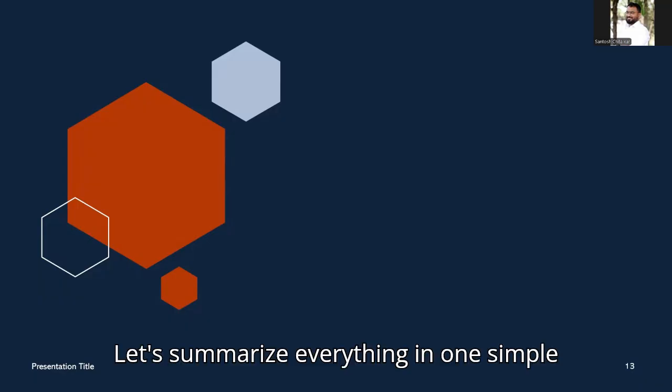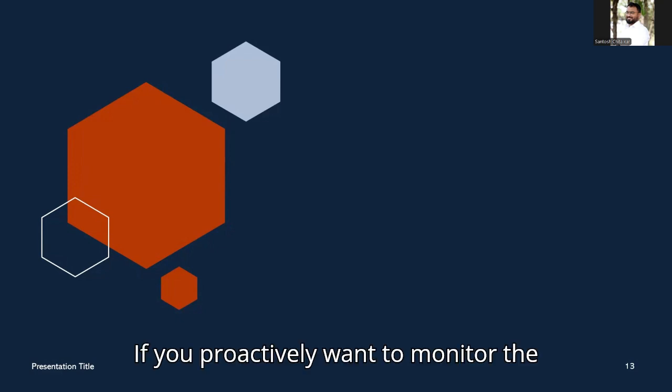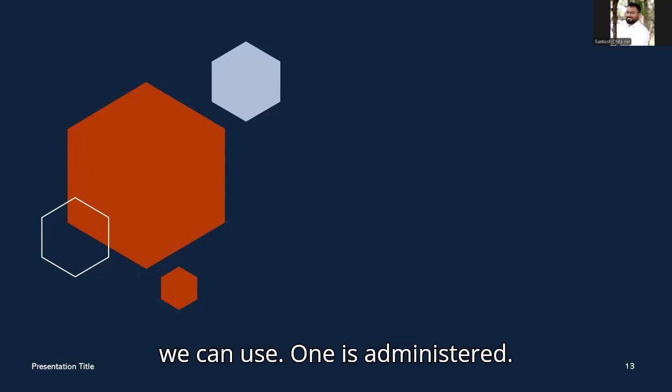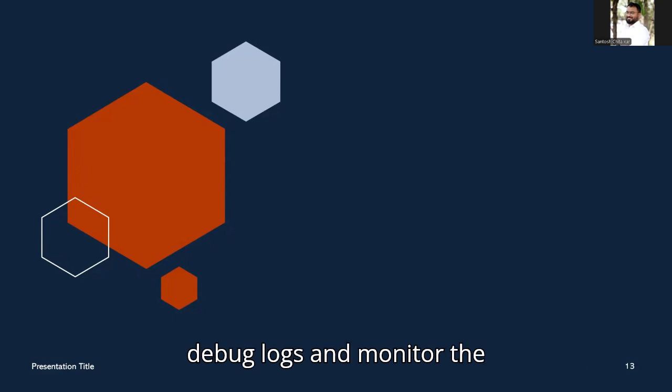Let's summarize everything in one simple view. If you proactively want to monitor the governor limit, there are four layers which we can use. One is admin monitoring, where you can have exception notifications, debug logs, and monitor the async health.